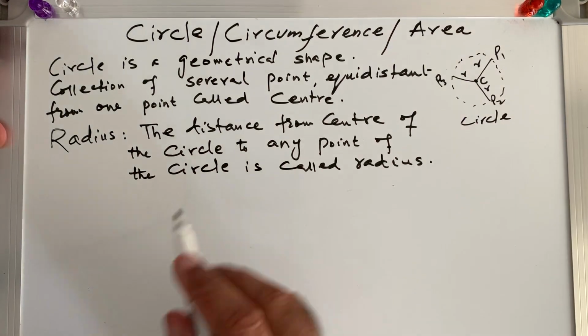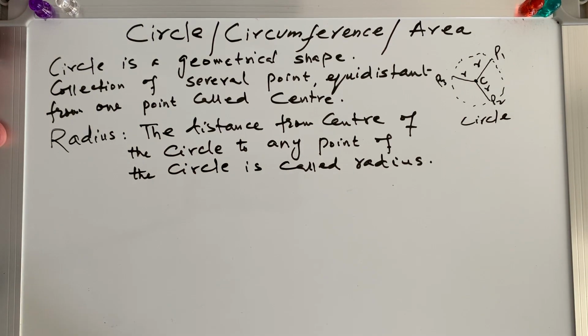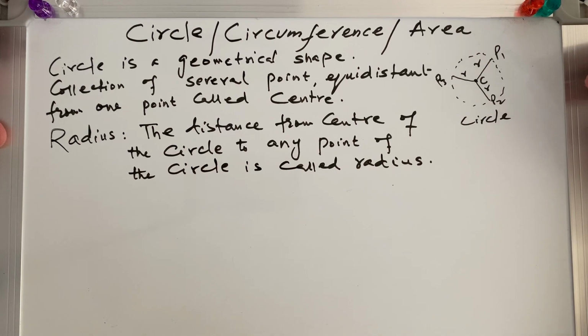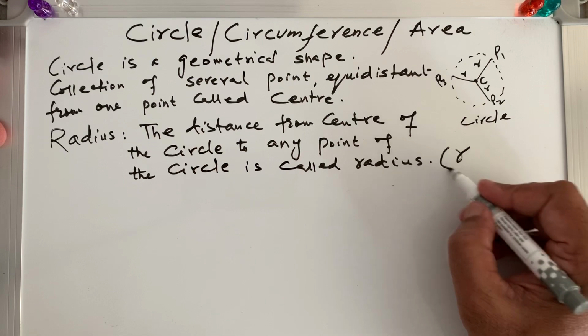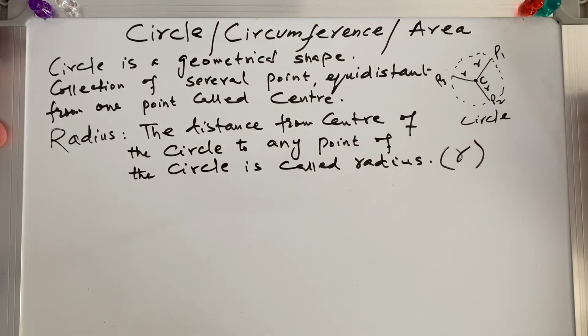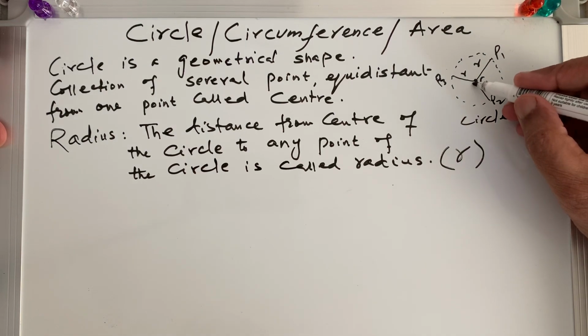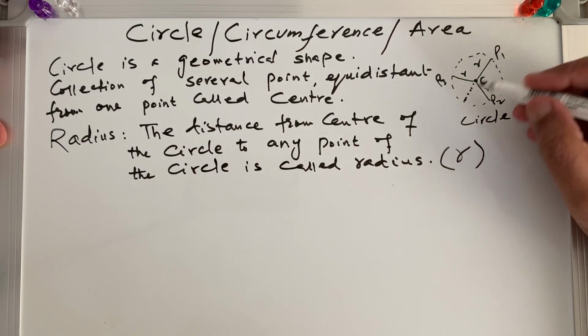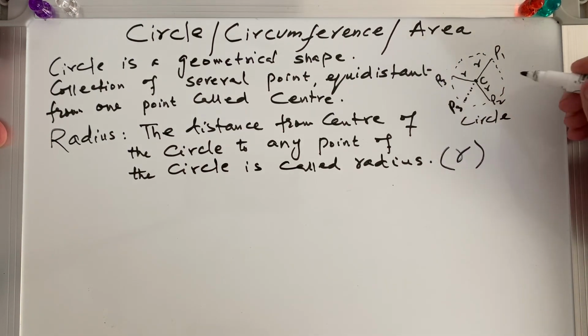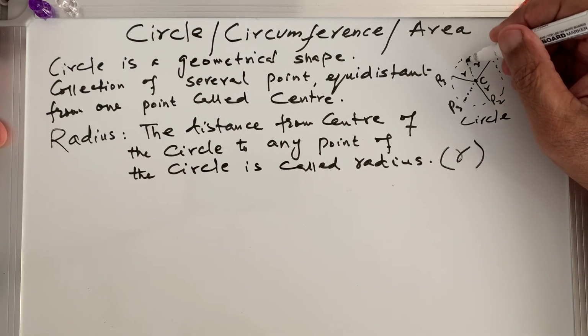So I write it, the distance from the center of the circle to any point of the circle is called radius. Or you can say the length of any line segment from the center of a circle to the edge is called radius, and is indicated by small r. Now, what is the length if we have this length from this point P1 to point P3, or point P2 to point P4?